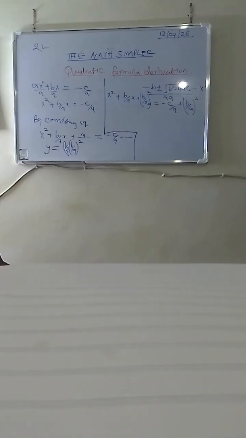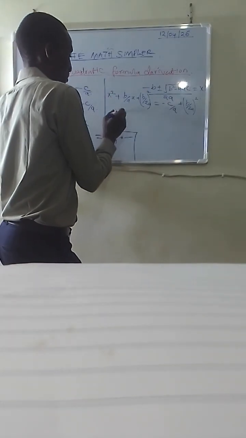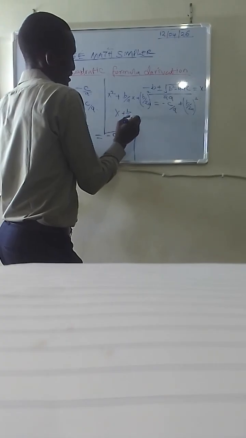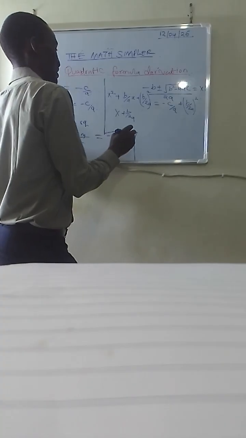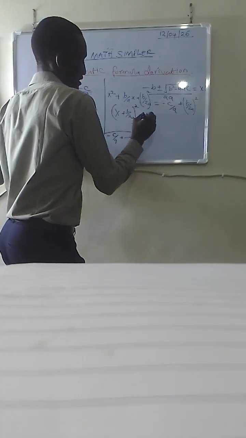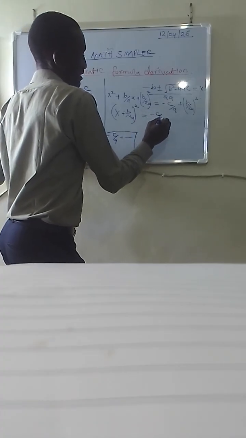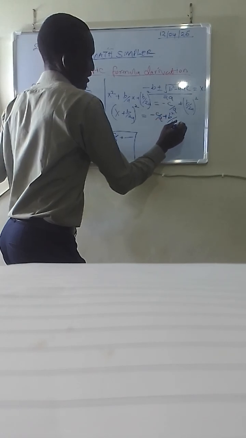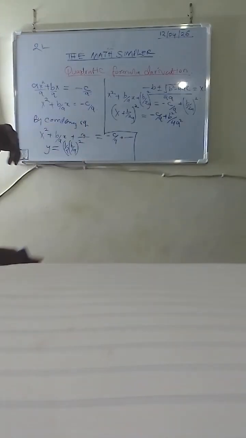That's it. The next will be, when you factorize, you will come up with x plus b over 2a, all that squared, equals negative c over a plus b squared all over 4a squared, when you expand that one.